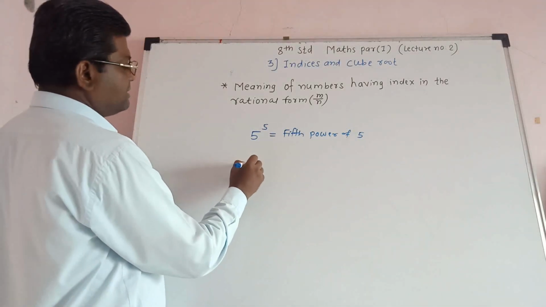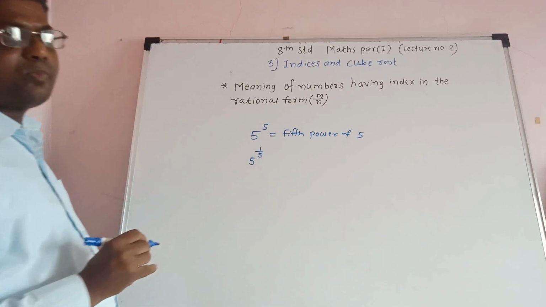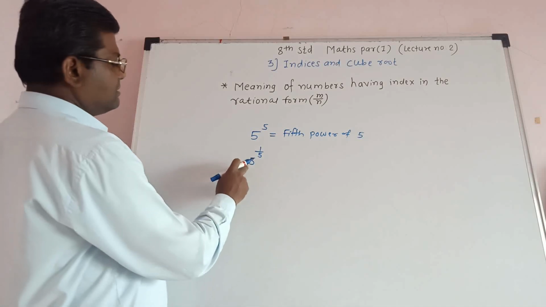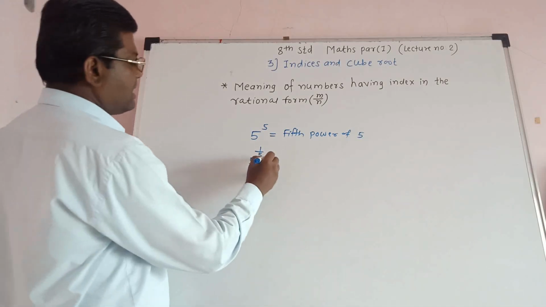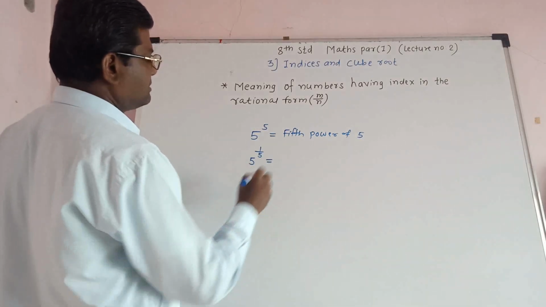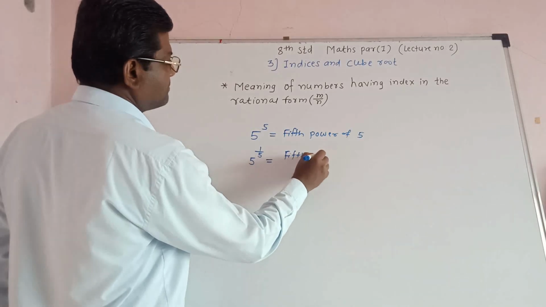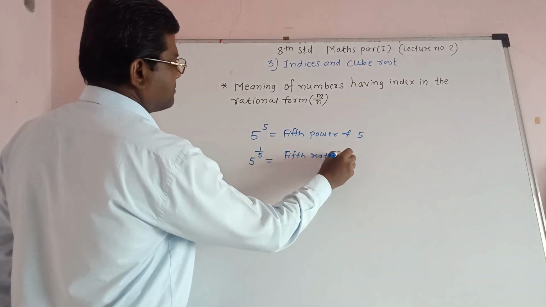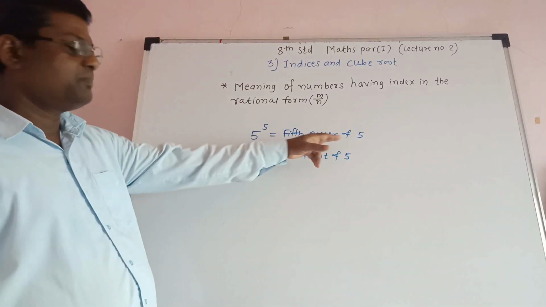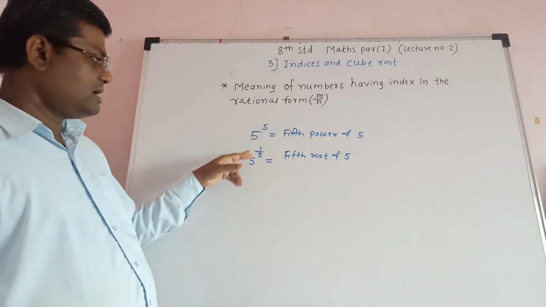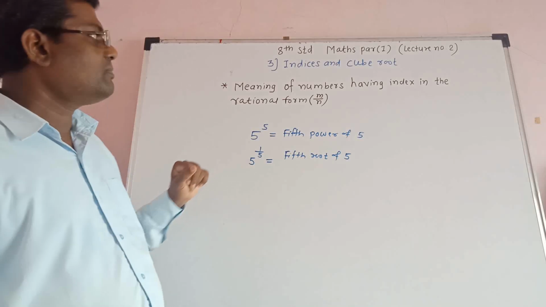Now if the index is in the rational form of 1 upon n, then we write 5 raised to 1 upon 5, and this can be written as the fifth root of 5. 5 raised to 5 is the fifth power of 5, and 5 raised to 1 upon 5 is the fifth root of 5.